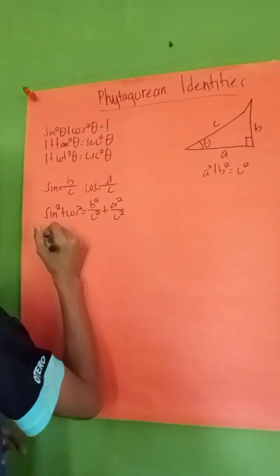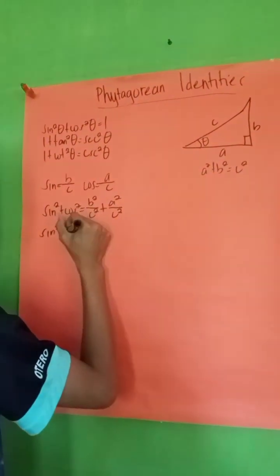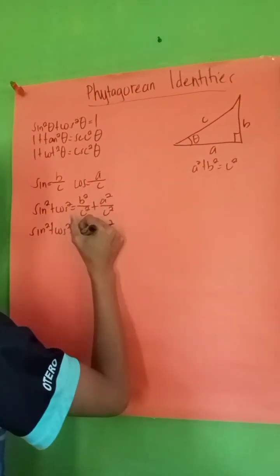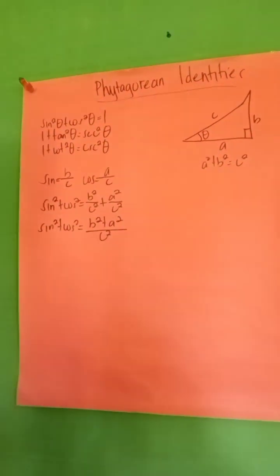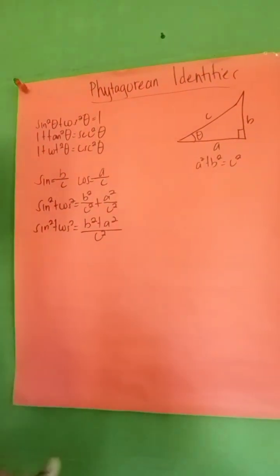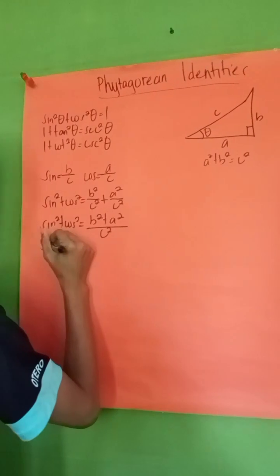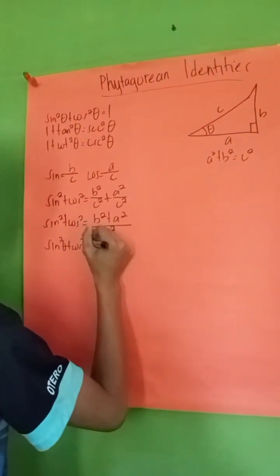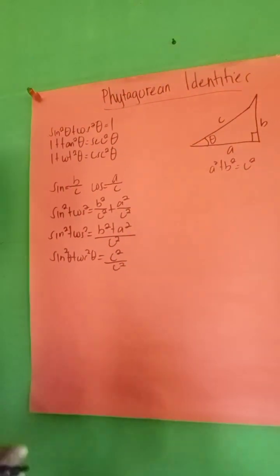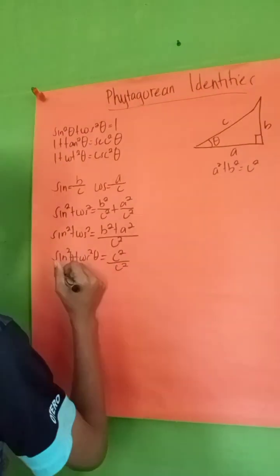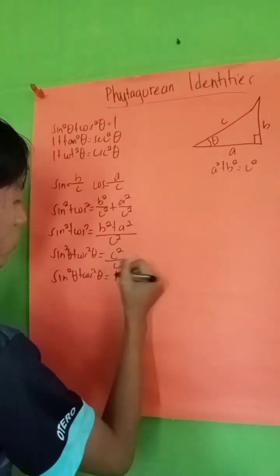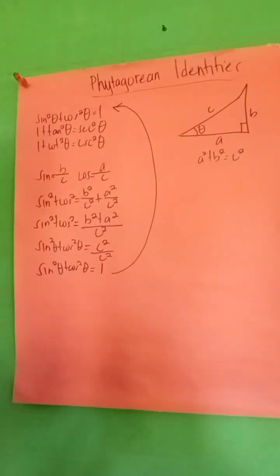We all know that b squared plus a squared is equal to c squared according to the Pythagorean theorem. So we have sine squared theta plus cos squared theta equal to c squared over c squared, which is equal to 1. We have proved it.